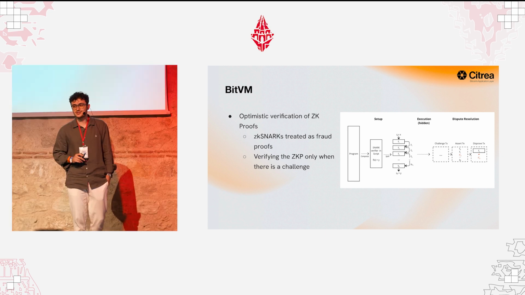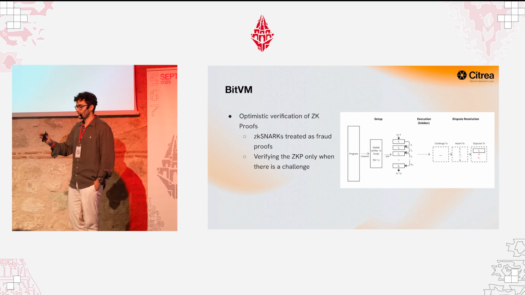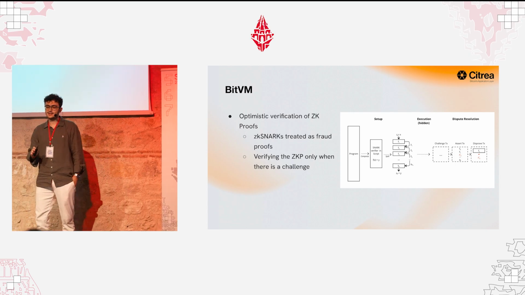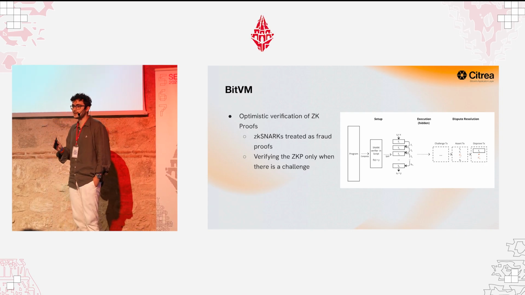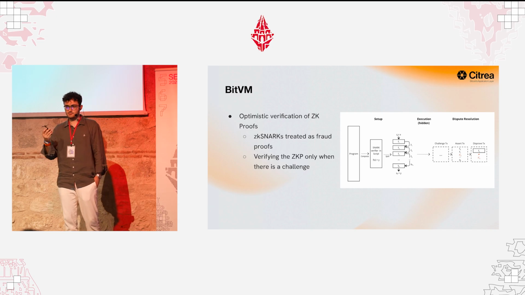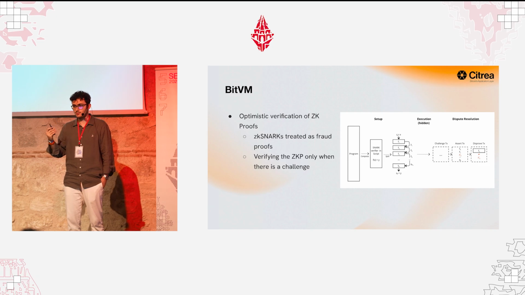So just to mention it again, Bitcoin block space is 4 megabytes, right? Bitcoin script is very limited. So if you want to create any kind of ZK verifier, the smallest we could go was 800 megabytes. So how will you run a script that is 800 megabytes inside a 4 megabyte block? That's not going to happen.